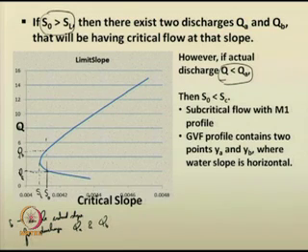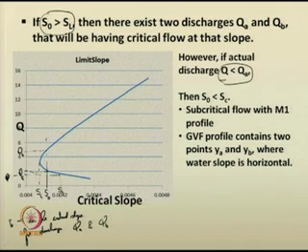from this graph, when do you think Q can become less than QA? It can become less than QA only if the corresponding slope is greater than S0, right. Say somewhere here, this is some actual Q value, and this is some particular slope S. For that Q, the critical slope SC is at this location, but the actual bed slope is S0.